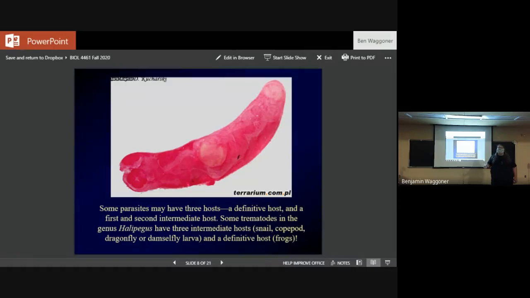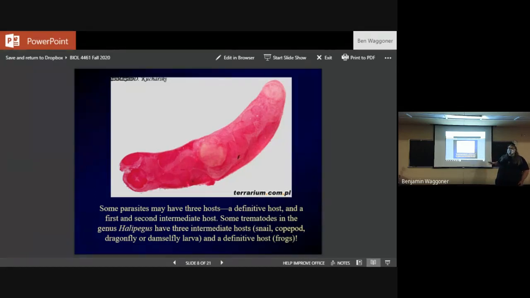Now, some of these genera we are going to get back to, and I am emphatically going to expect you to know Trichinella, for example, because that's a major one for wildlife. It can also be passed around in agricultural settings, and it causes severe human disease. That one I will expect you to know, and we'll get to it towards the end. But you don't have to memorize Halipegus. I just picked this one.